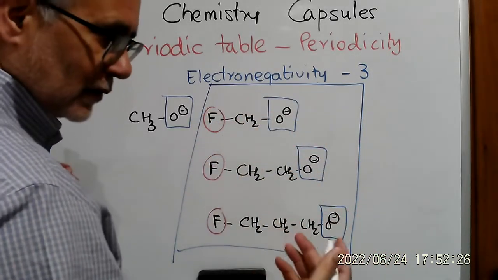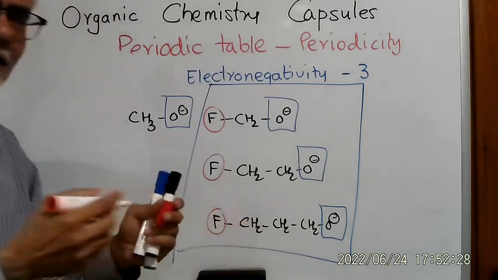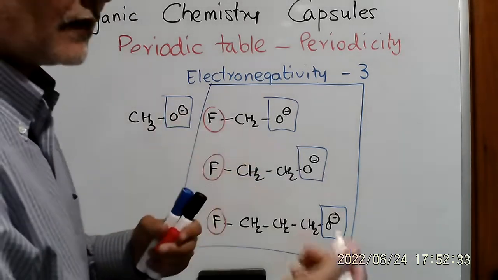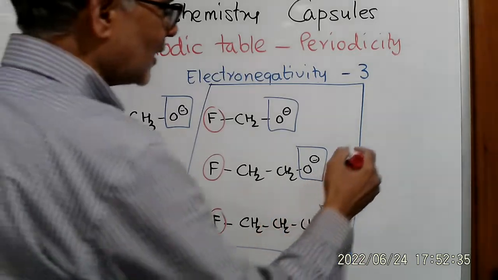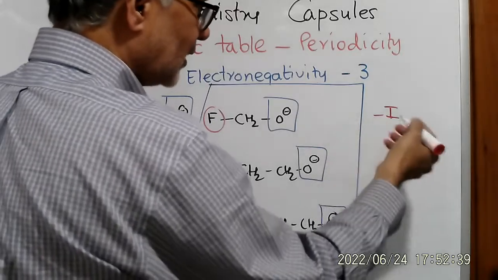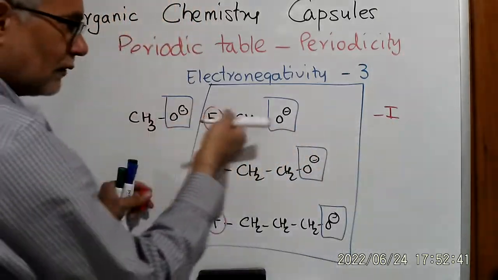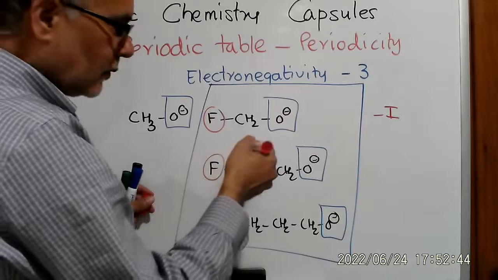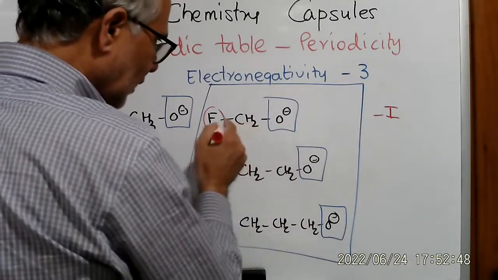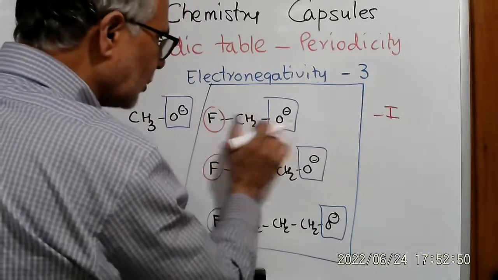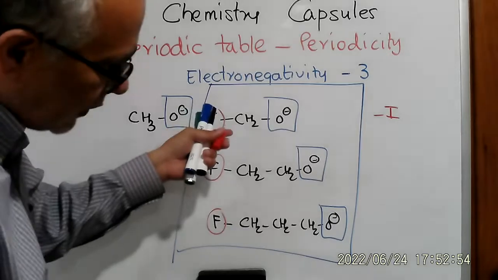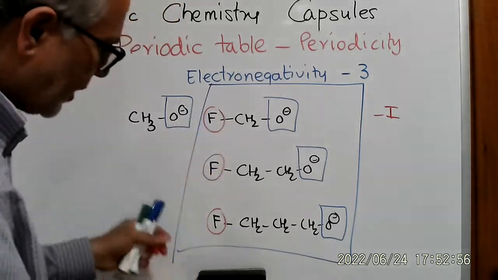So yes, fluorine is more electronegative, but the farther it is from the negative charge, the less minus I effect it can exert. What's minus I? Inductive effect, inducing the electrons away from the oxygen. In this example, fluorine is close by. There's only one carbon between the oxygen and fluorine, so it will have its greatest effect there.